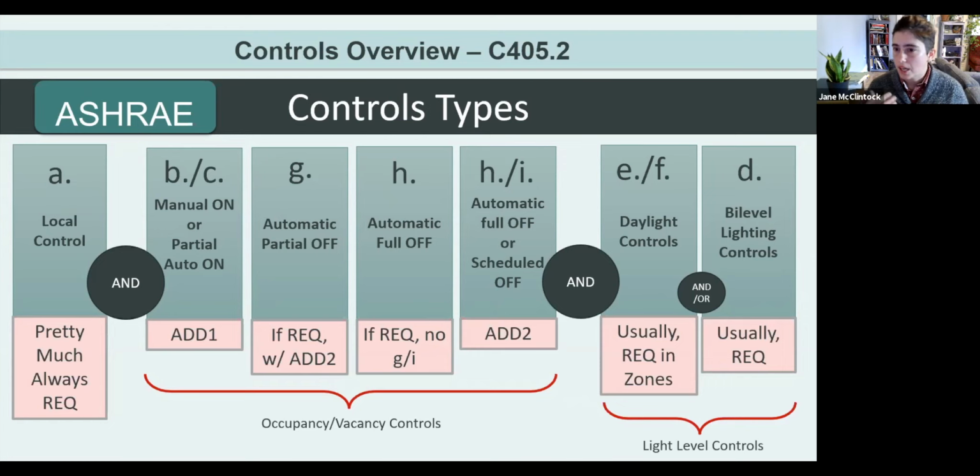So this maybe guides us through a little bit more clearly, but it also really breaks down these controls into a whole lot more granular level. And in ASHRAE, again, we still have this question of light level controls, and they relate to each other a little bit differently in the ASHRAE 2019.